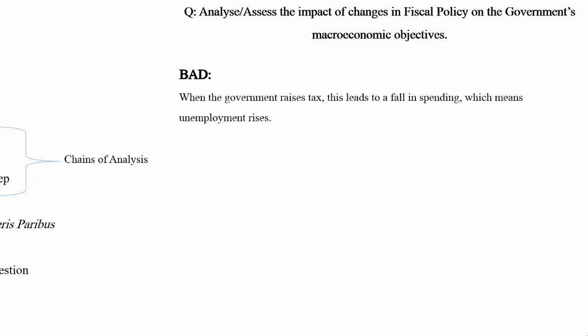But again, it's not being precise because it's not talking about what type of spending. Is it consumption spending, investment spending, and so on? And then it's bad for another reason, because it jumps straight ahead to which means unemployment rises. But it doesn't tell us the steps in between. So this is where we're going to see later on in this video that we have to write step by step using chains of analysis.